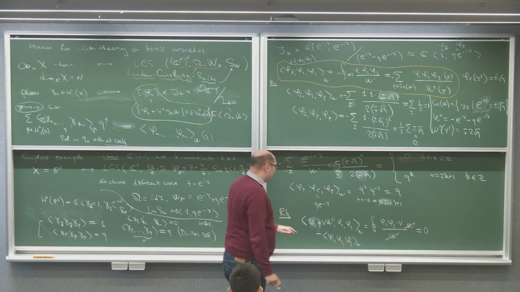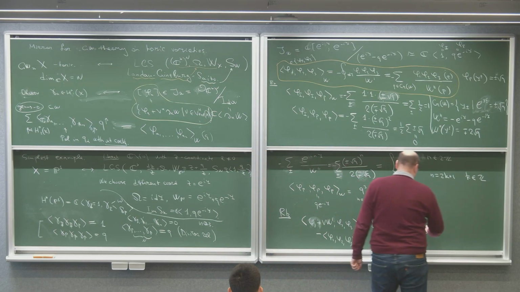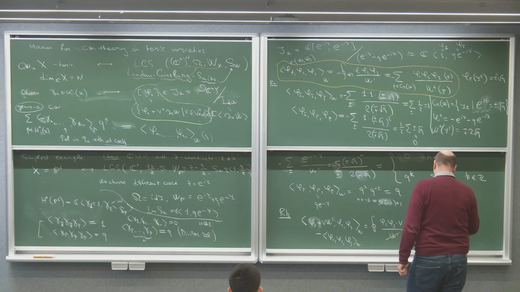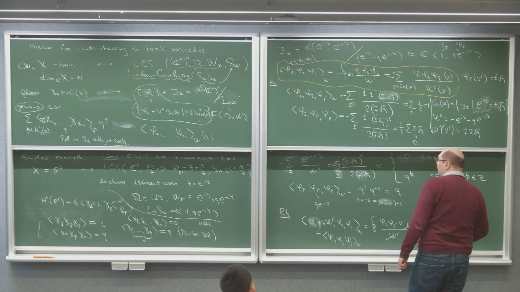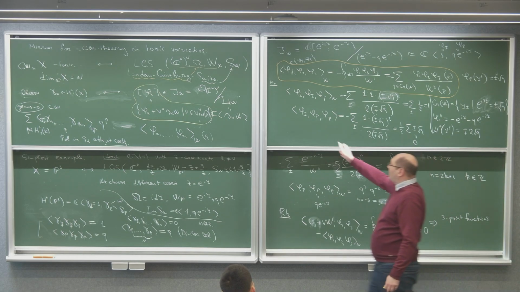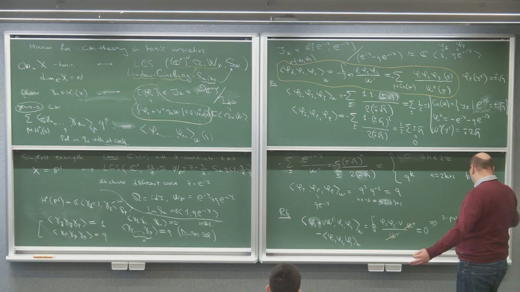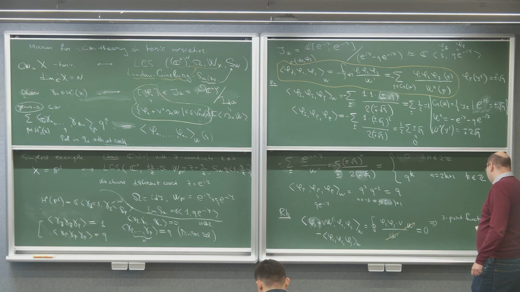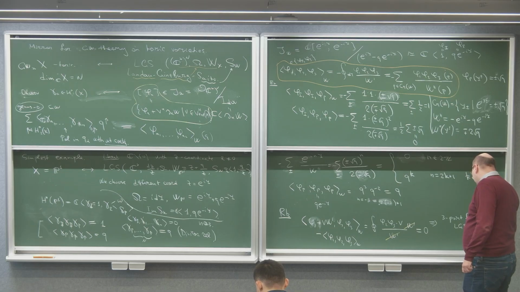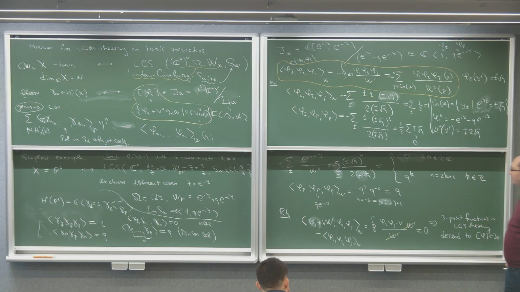Therefore, from this observation, we conclude that 3-point functions, even though we define them on functions, because we need explicit functions to evaluate them at some critical point, so 3-point functions in LG theory actually descend to classes in the Jacobian ring.